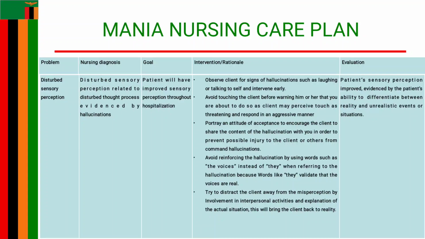In terms of interventions, you can say I will observe the client for signs of hallucinations such as laughing or talking to themselves, so as to intervene early or to give correct interventions. Then you can say I will avoid touching the client before warning him or her, and this prevents the patient from reacting in an aggressive manner.